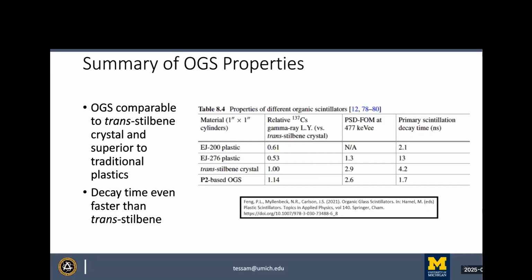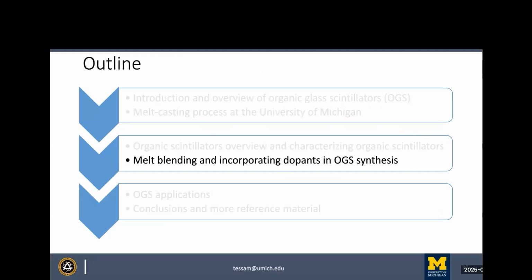The relative cesium-137 gamma ray light yield, which is set at a reference value of 1.00 for trans-stilbene, you can see is greater than 1 for P2 based OGS, whereas it is less than 1 for the plastics. Its PSD figure of merit is not quite as good as stilbene, but still significantly better than the plastic, and its decay time is even lower.